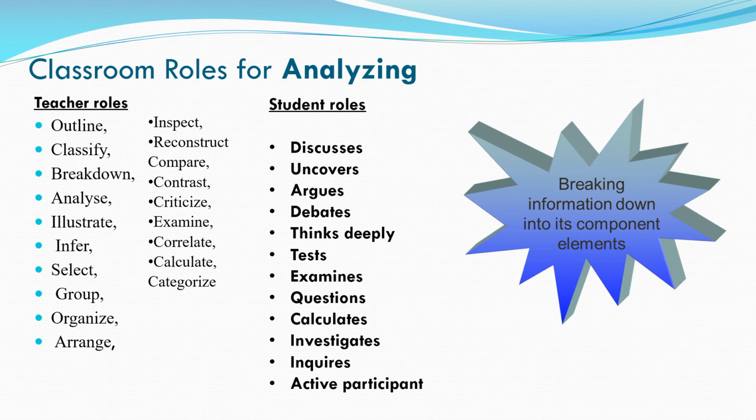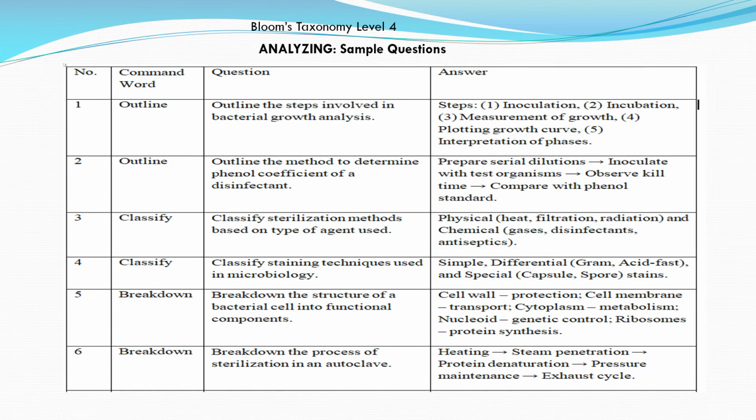And here we can make questions using phrases like: outline, classify, break down, analyze, illustrate, infer, select, group. Using this kind of phrase can help to create a new answer from the traditional pattern.